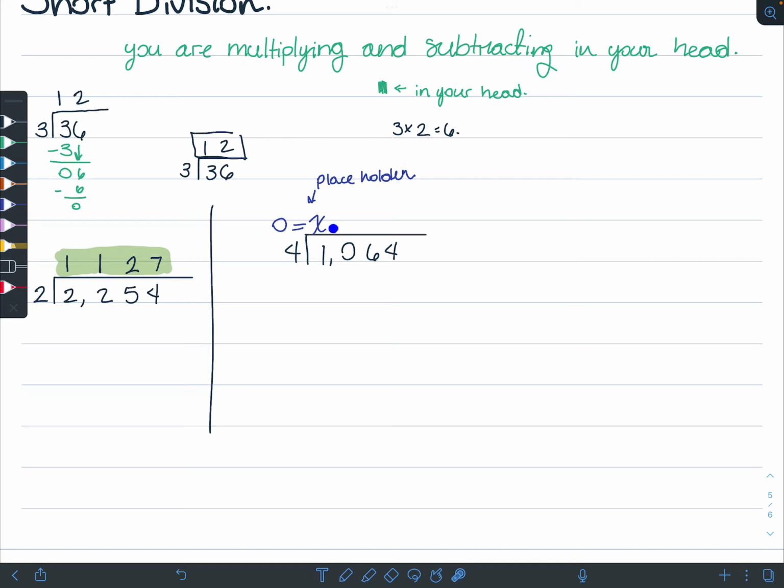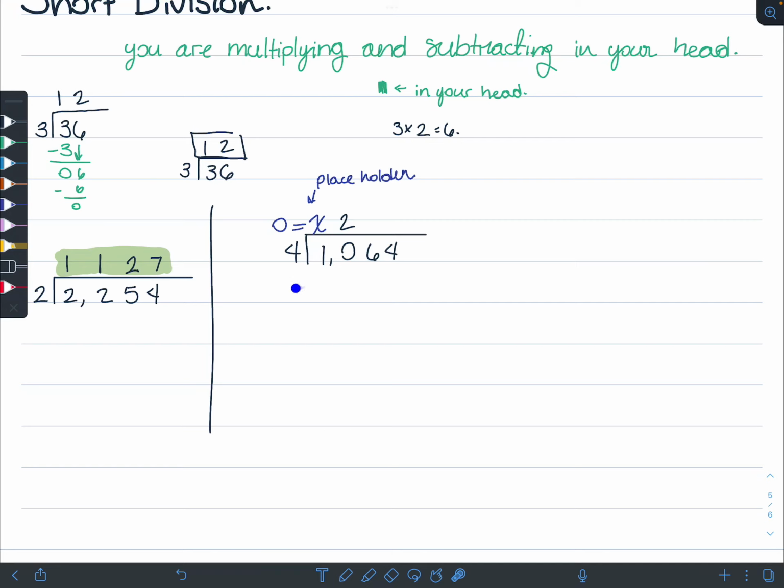4 times what number gives me 10? Well, we know that 4 times 2 is 8, and we also know that 4 times 3 is 12. 12 is bigger than 10. So let's go with the one number less, and go with 2. 4 times 2 gives me 8.